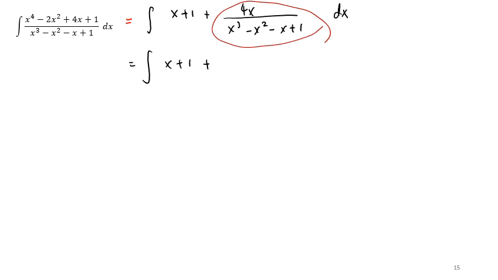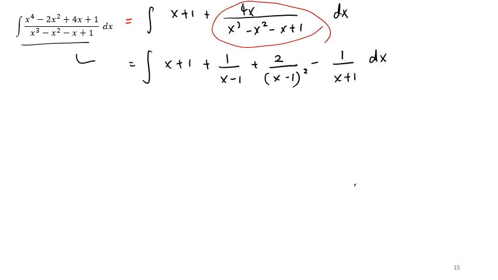So we have 1 over x minus 1 plus 2 over x minus 1 squared minus 1 over x plus 1, dx. After we have converted it into partial fractions, we get this expression, so we can integrate with respect to x much more easily.